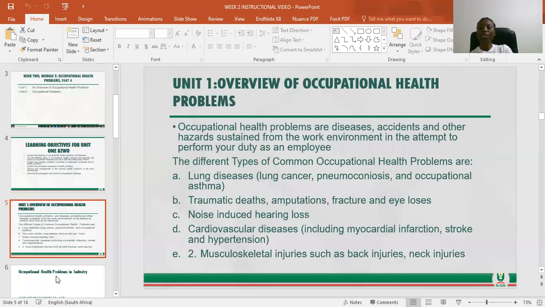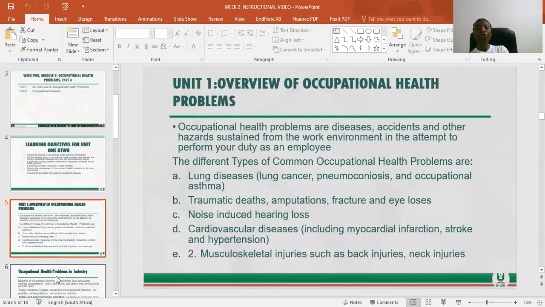That is the learning objective, what you are expected to know, to be able to defend or to write. If you are asked anytime, you should be able to say them.